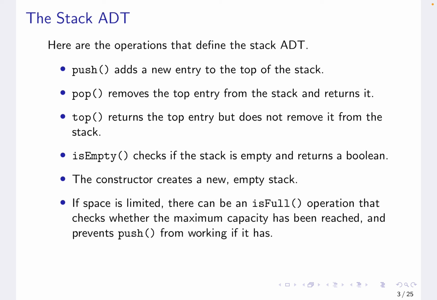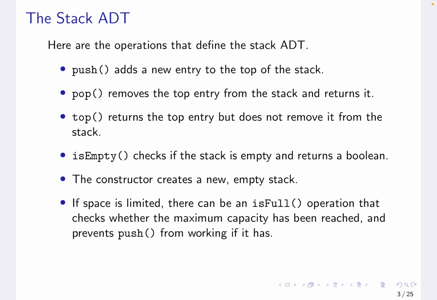ADTs are from the perspective of the user, so they detail what you could actually do with the thing, while data structures are from the perspective of the implementer, so how it works. So when you're making code for storing stuff and operating on it, you're working on data structures. When you're making code that uses someone else's data structures, you're thinking about ADTs. Cool.